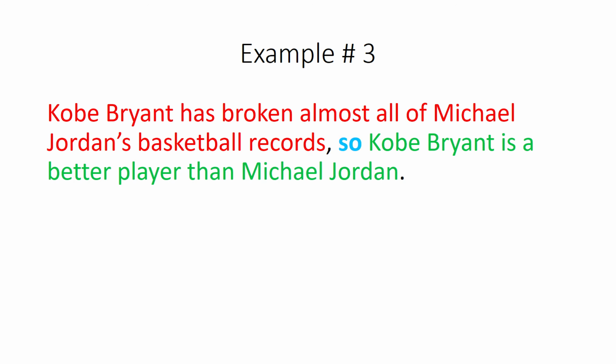A premise has to be a fact or evidence. In this case, this is fact. So the conclusion is he's better than Michael Jordan. That is an argument. It's a claim supported by another claim or claims.